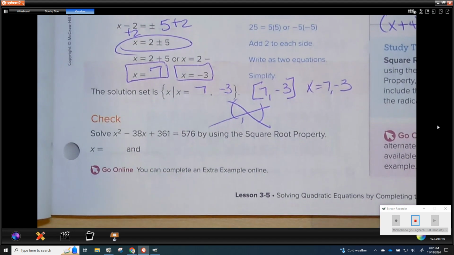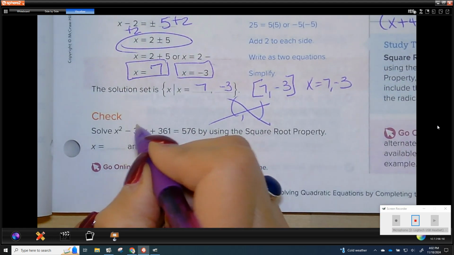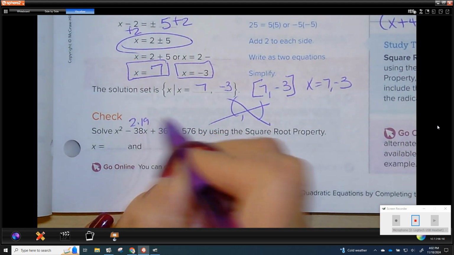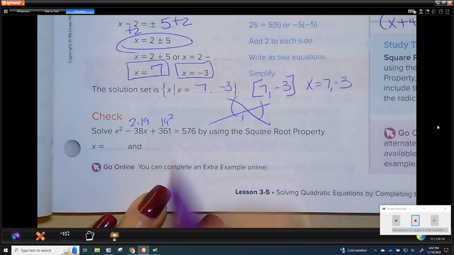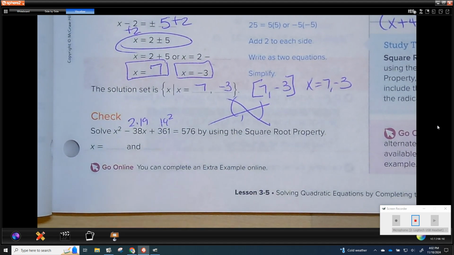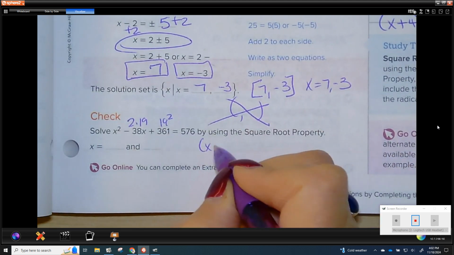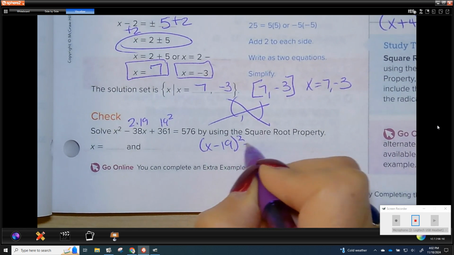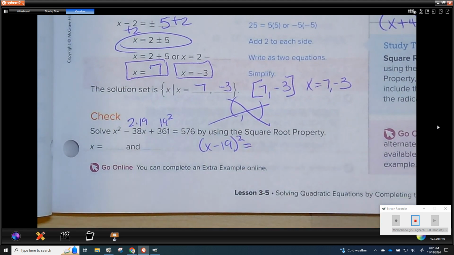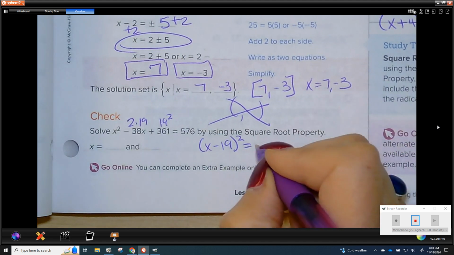So x squared, so since this is 38, I know that's 2 times 19. 19 squared is 361. I believe 576 was 24 squared. So the left side factors to (x minus 19) squared on the outside. Square root of 576 is 24.